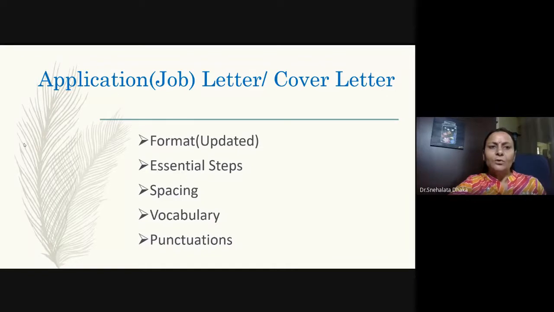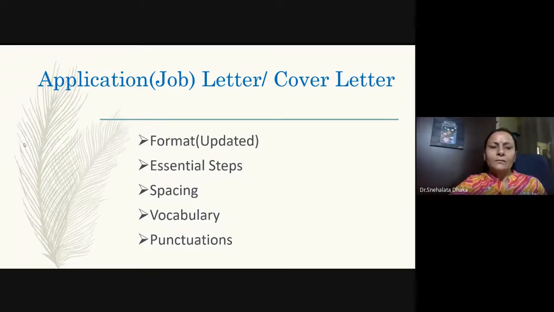The point we have to notice here is that formal letters are written for formal purposes and informal letters are written for social communication, as those are written to our social relatives. So this is how these are different.